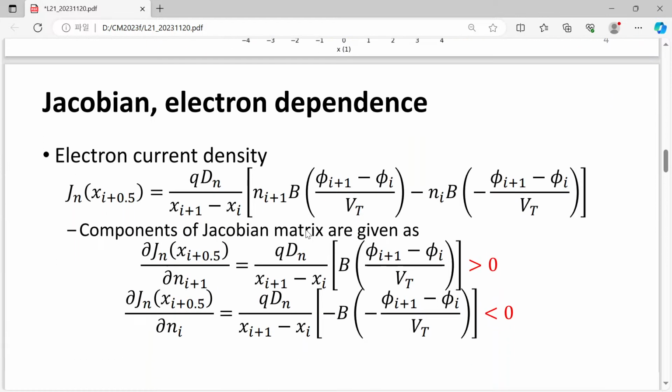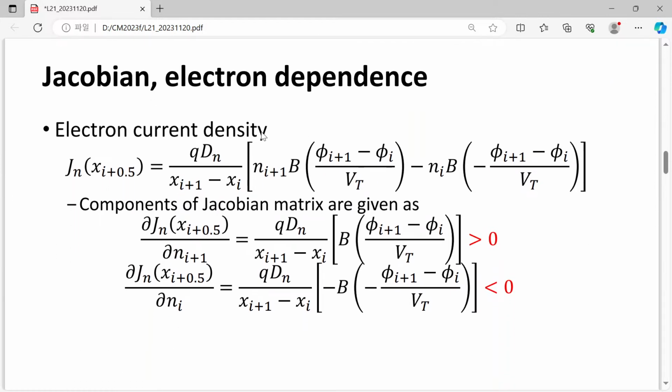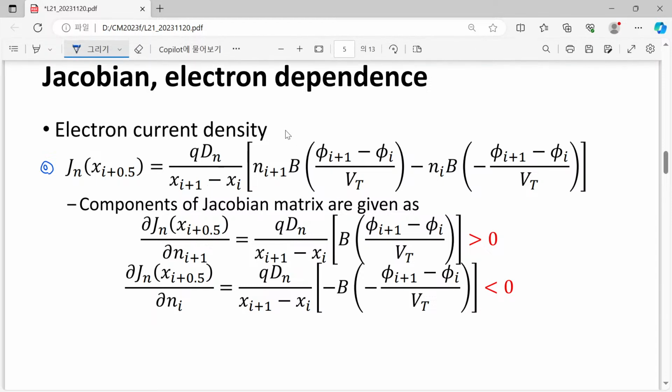So now let's go to the Jacobian. Of course we must consider not only the electron continuity equation but also the hole continuity equation. But in this slide I just show you only the electron current density as a representative example. For the hole one, please do your exercise. This is nothing but just a restatement of our electron current density: q times dN over delta x times something originated from the Scharfetter-Gummel scheme.